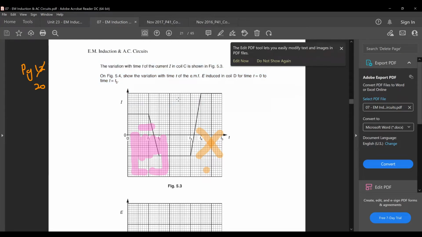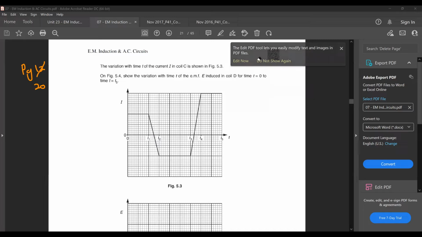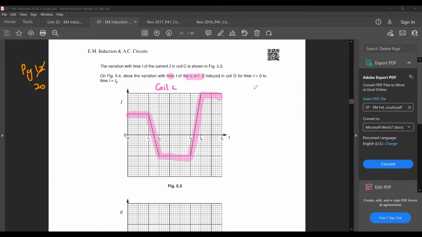So what you're looking at here in the first graph is the variation of current versus time for coil C. But then after that, they want you to deduce the shape of the graph showing the variation of EMF with time for coil D in the second figure, which is this one here.